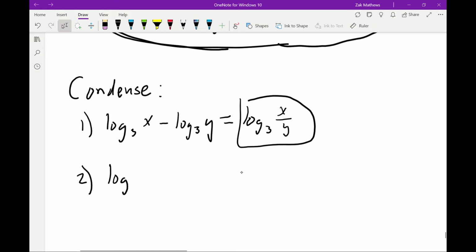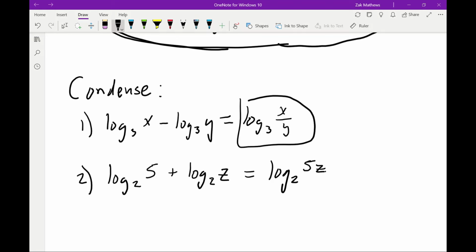Let's take log base 2 of 5 plus log base 2 of c. Well, addition tells me that I need to be taking these two things and writing it as multiplication.